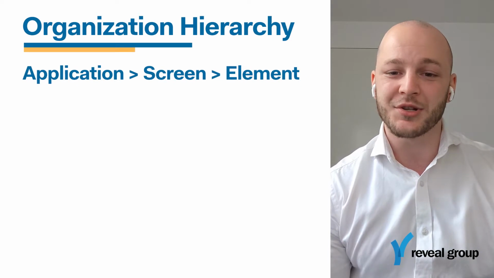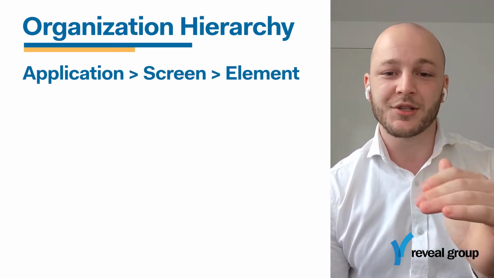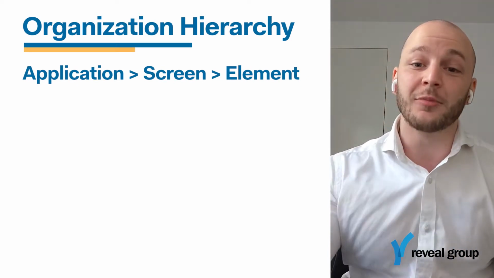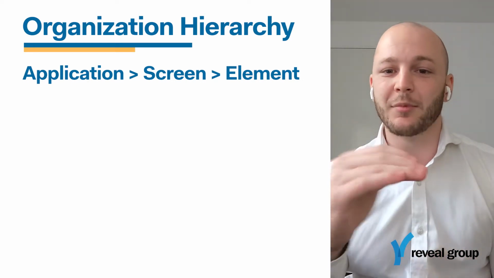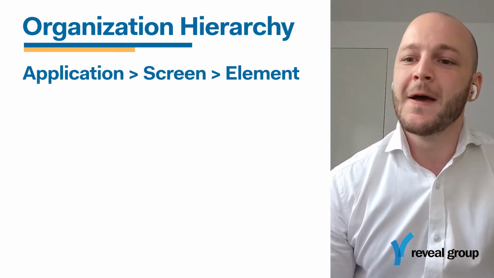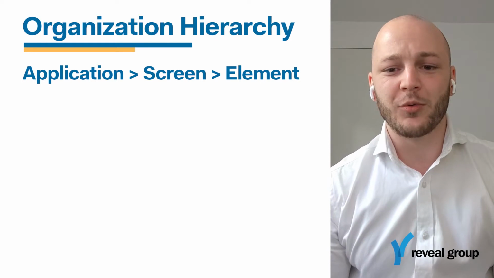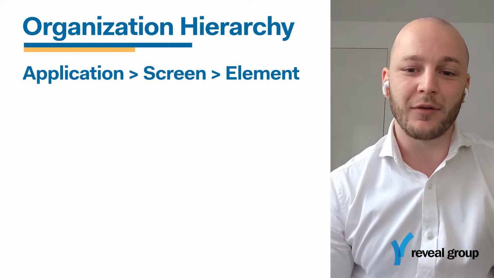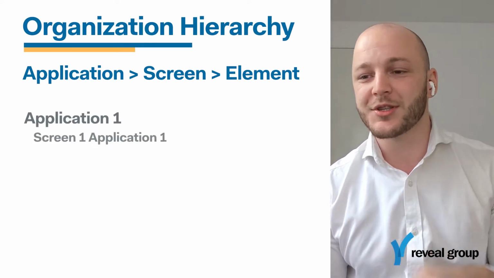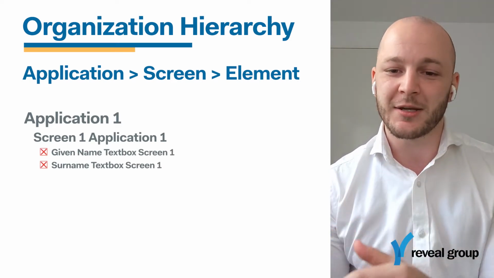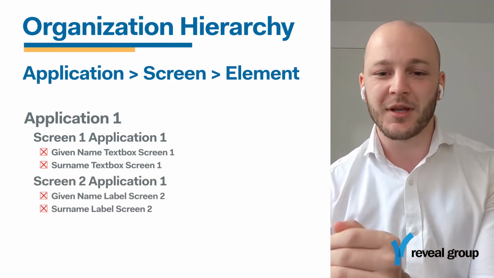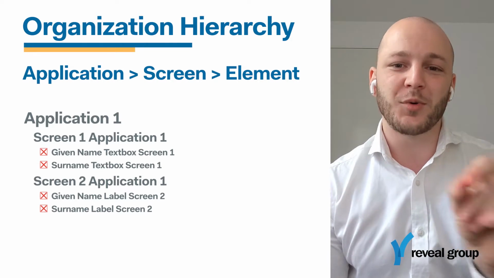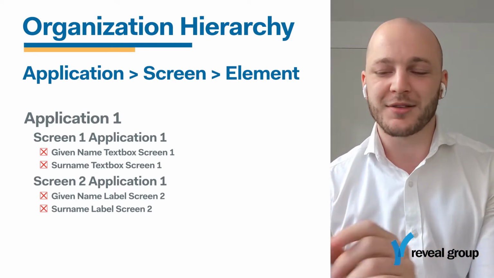So you'll have an application which leads into a screen and a screen which leads into elements, and you can have elements within elements, for example, a table with each cell and range and things like that. Initially, a lot of people want to be very specific with the naming of them. For example, screen 1 might have first name, last name, and screen 2 also has first name, last name, and they'll name them first 1, last 1, first 2, last 2, something like that.